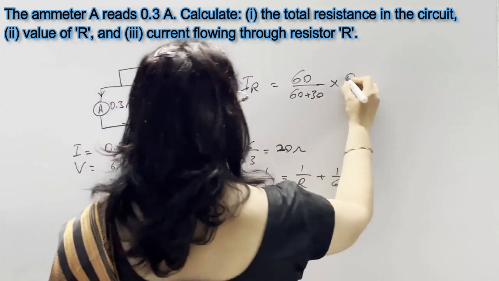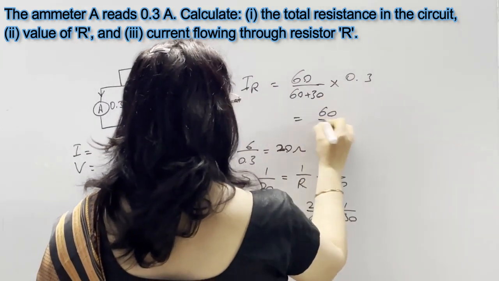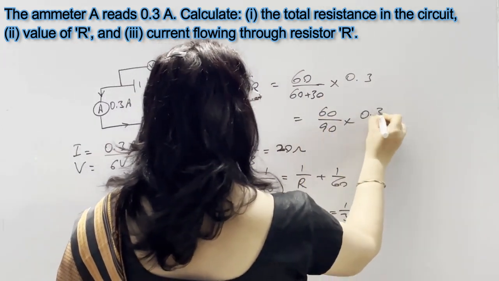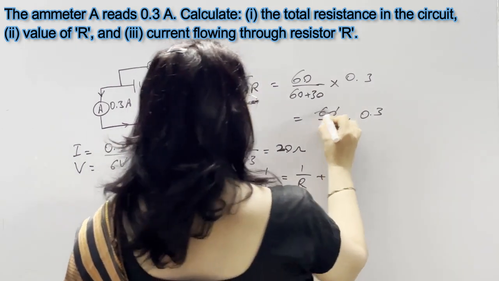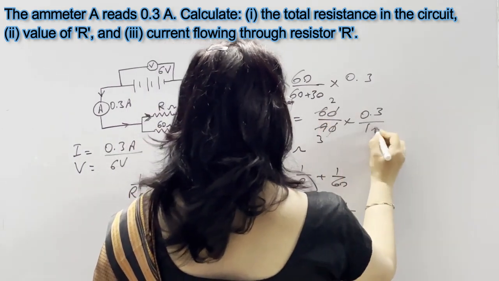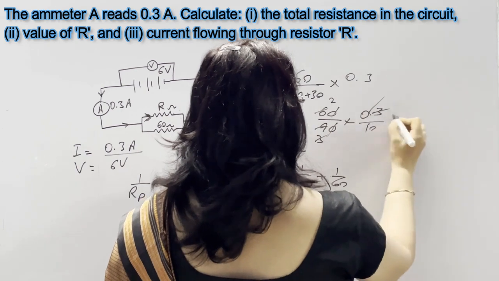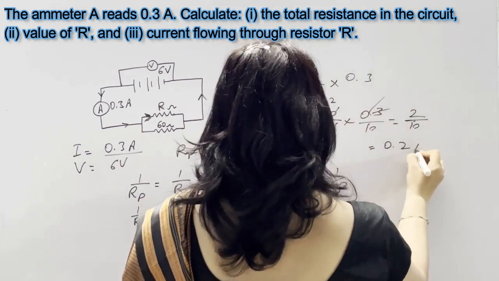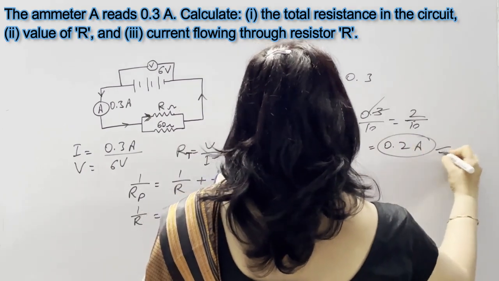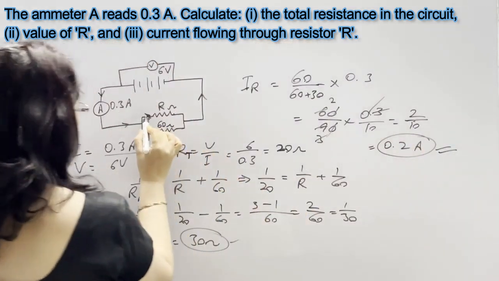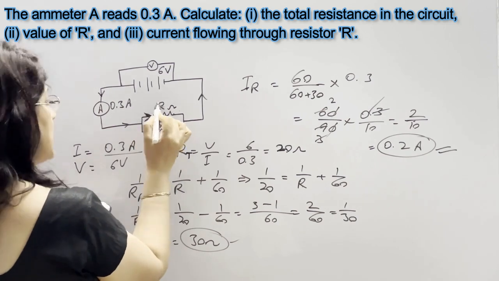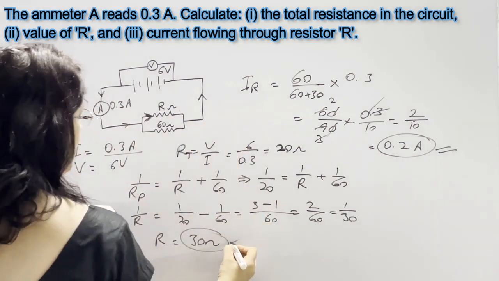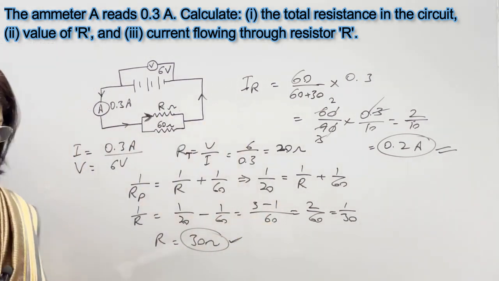The value of current is 0.3. So 60 upon 90 into 0.3. 2, 3, then 3, 2 upon 10. It means 0.2 ampere is the value of current through this resistance, whose value we have just calculated as 30 ohm.